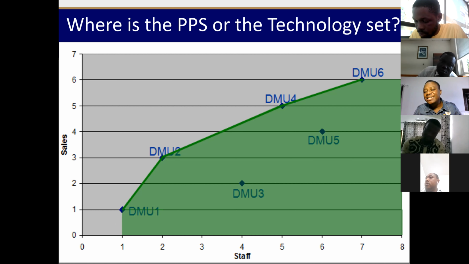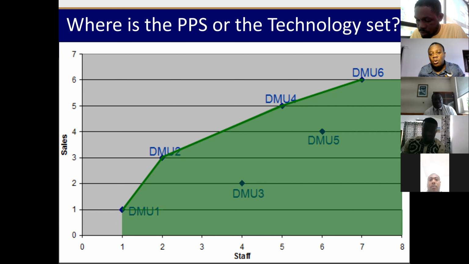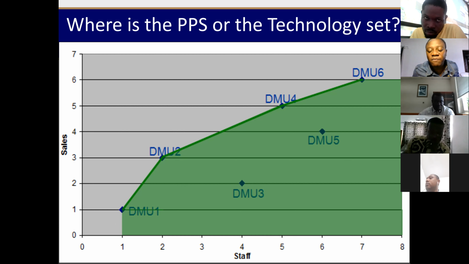If there is a dominated DMU, it means that there is also what DMU? So it means that there are dominant DMUs. They are dominating DMUs. Yeah. And out of one of those dominating DMUs, possibly one of them is a dominant DMU.